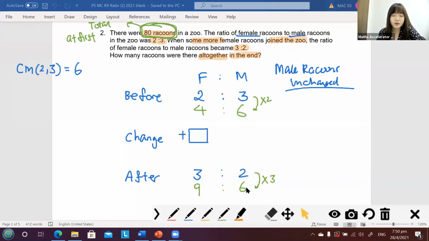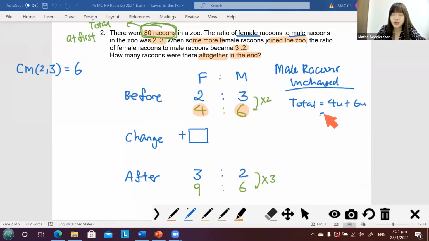Great. Green. Because the male shouldn't change. The blue is different. Male 3, after is 2. So it should be green. So in the before, the female you have 4 units. The male you have 6. So total will be 4 plus 6, correct.